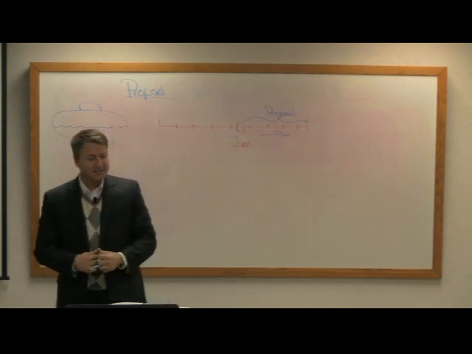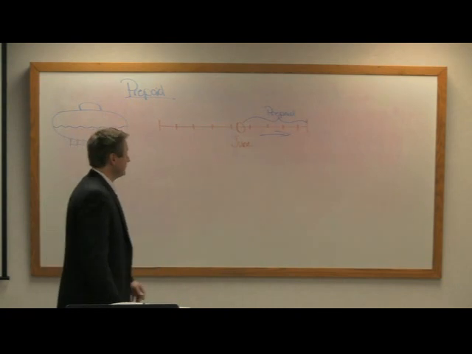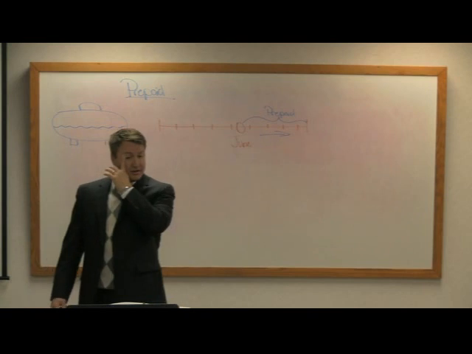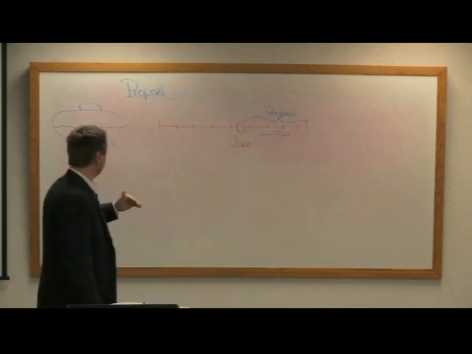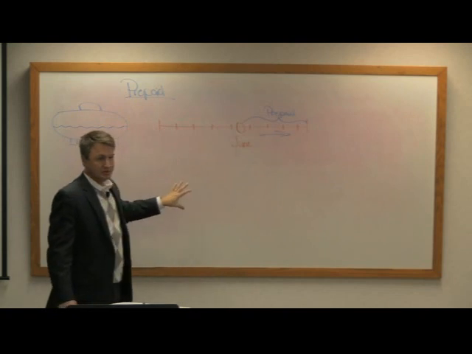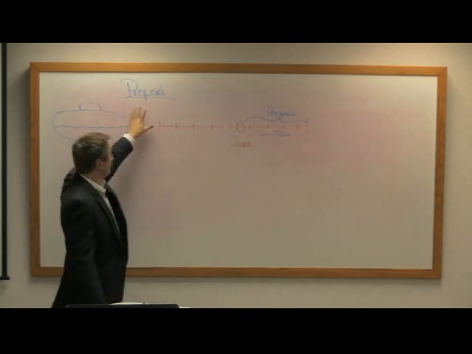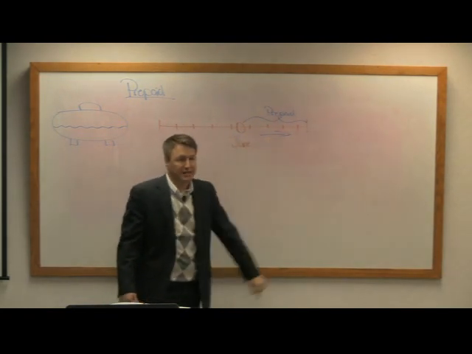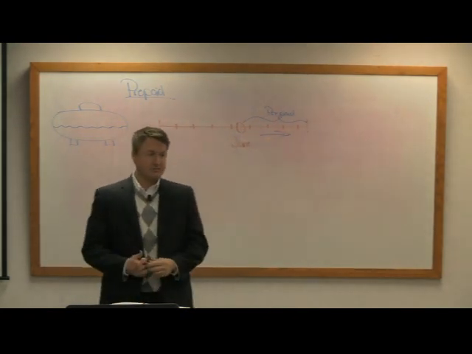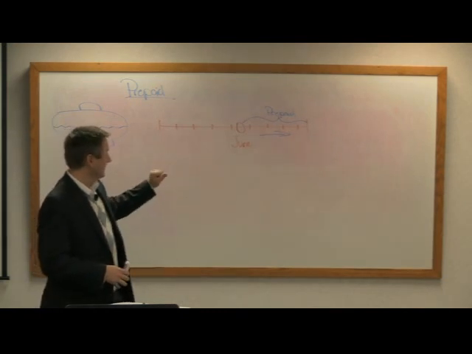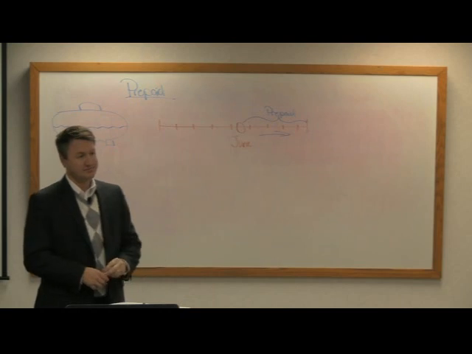The first thing is to go down to your timeline and mark off which month you're closing in. So you got that right. And then you need to figure out, is the item that I'm looking at a prepaid or an accrued? And if you determine that it's a prepaid, then you know which direction to go on the timeline. And then it's some addition and subtraction and multiplication, or maybe division, and then you got your answer.